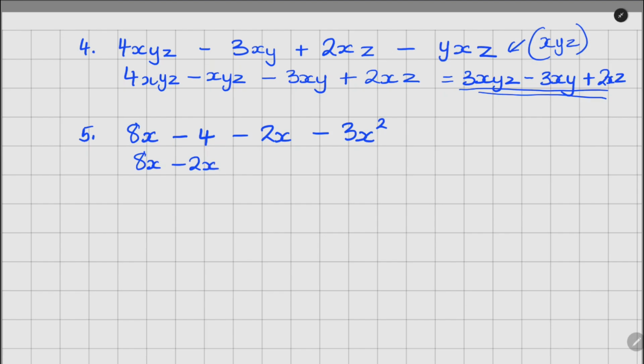And then we move on to the next terms we've not addressed here, that is minus 4 and then minus 3x squared. 8x minus 2x is going to give us 6x minus 4 minus 3x squared.